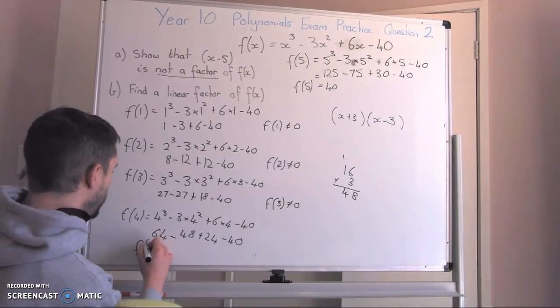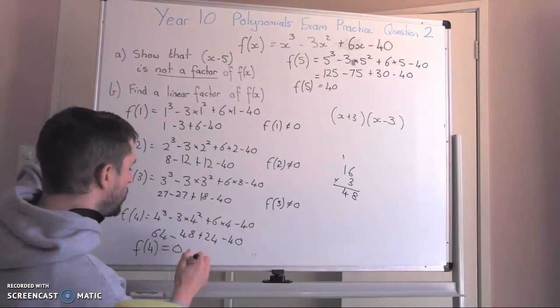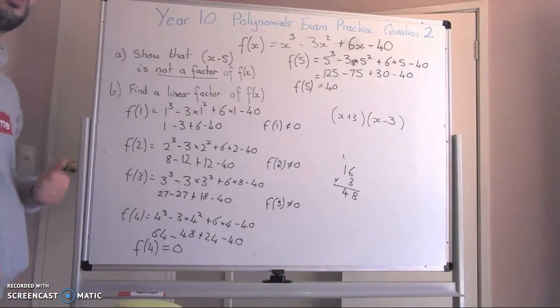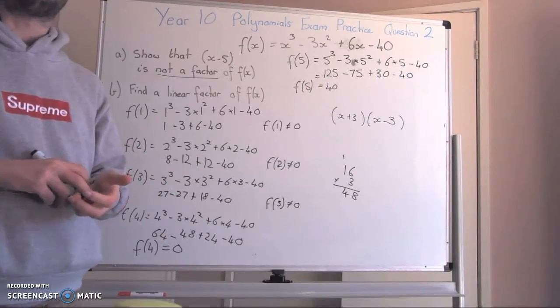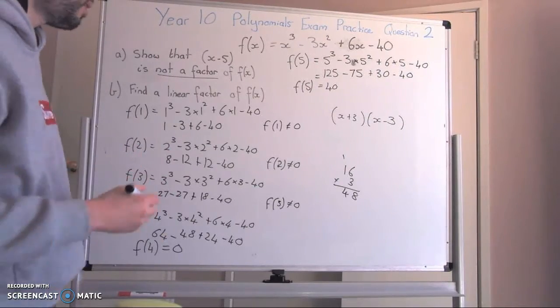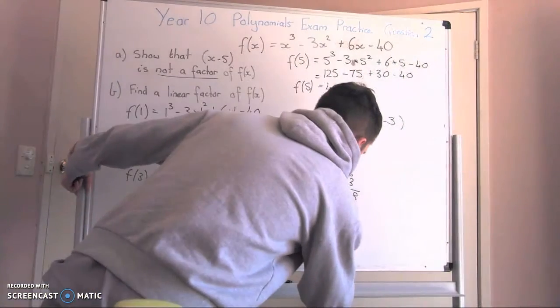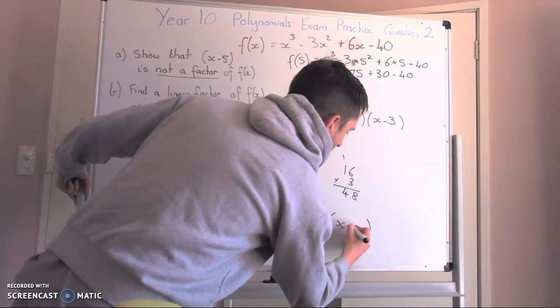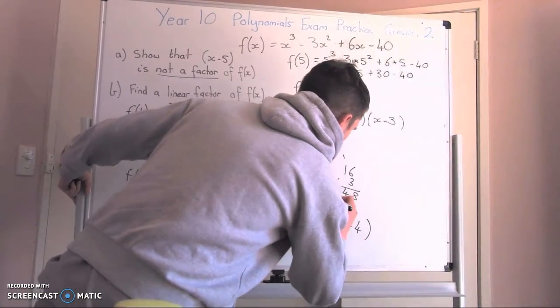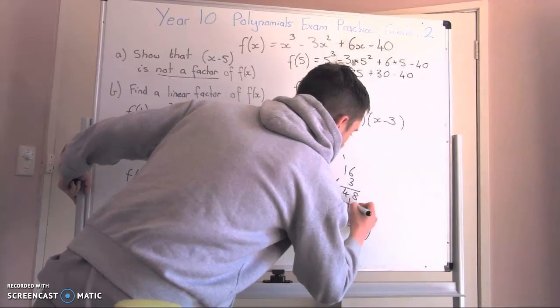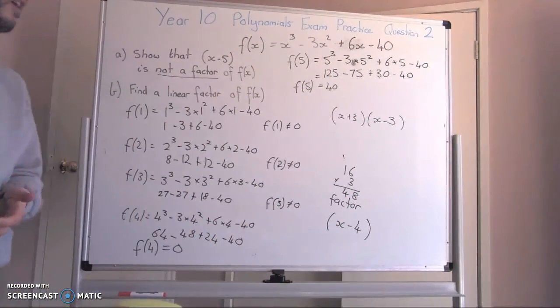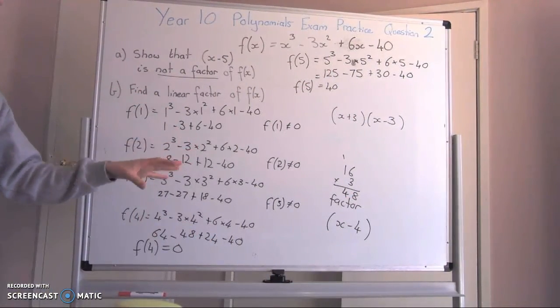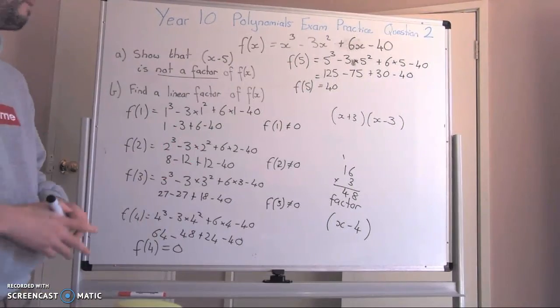So the function of 4 is equal to 0, which means we have finally found our factor. So our factor must be, if we need x to be 4, then it must be x minus 4 is our factor. Hopefully that really helps you understand how to find a factor for a polynomial.